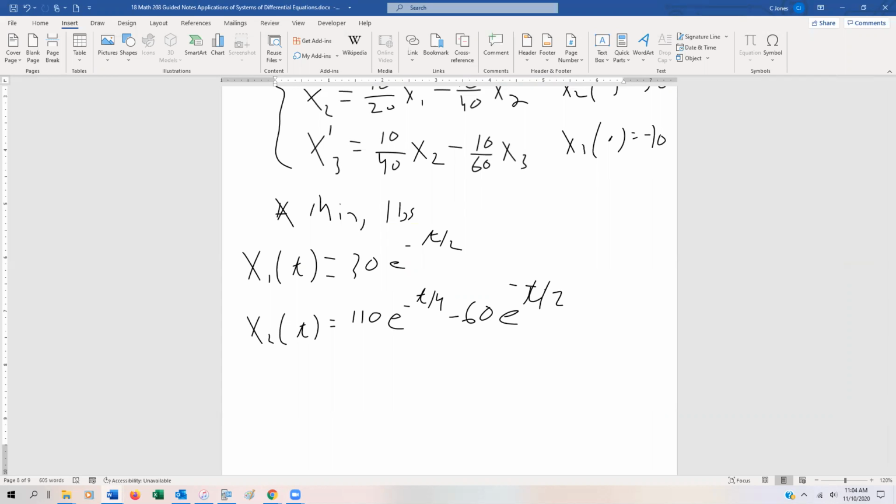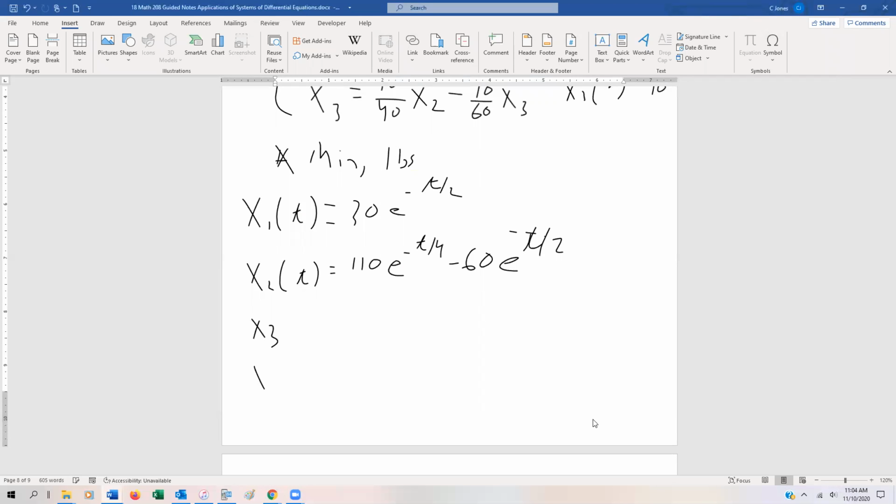Right? And then finally, x3 at t is going to be equal to 45e to the minus t over 2 plus or minus 330, excuse me, e to the minus t over 4, and then plus, I think it's going to be 355e to the minus t over 6.